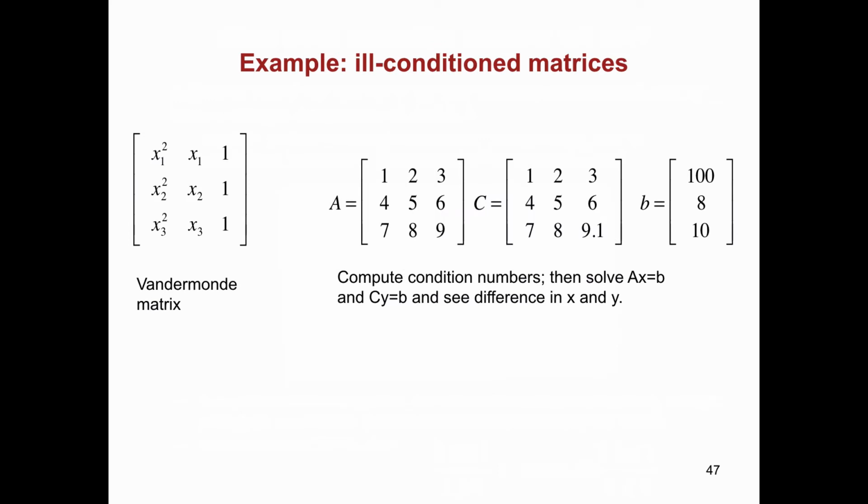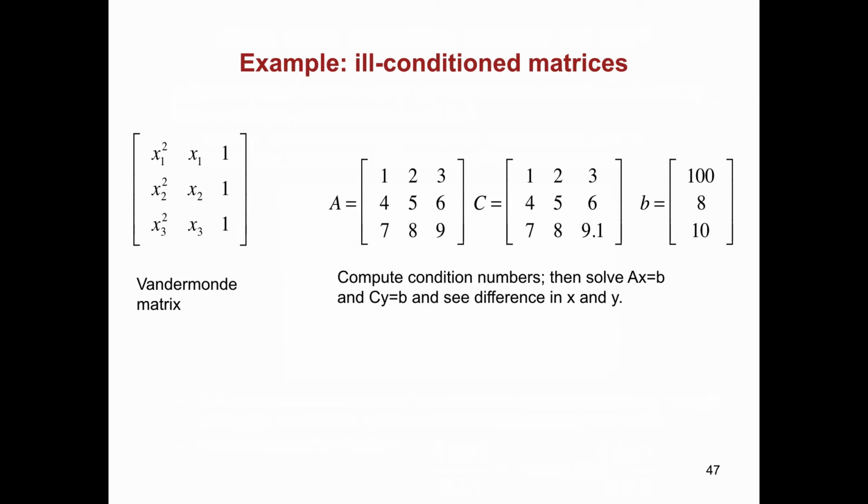So here's a system. One classical example is called the Vandermonde matrix, and we're going to see an example of where we get that. But let's just do this one. Let's look at A. My A is 1, 2, 3, 4, 5, 6, 7, 8, 9. Let's compute condition numbers and solve AX equals B as given over there. And my C is only slightly different.